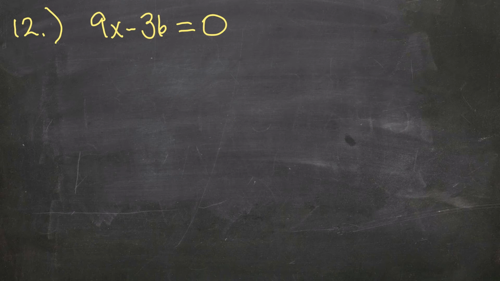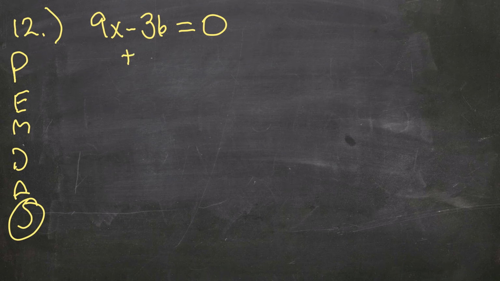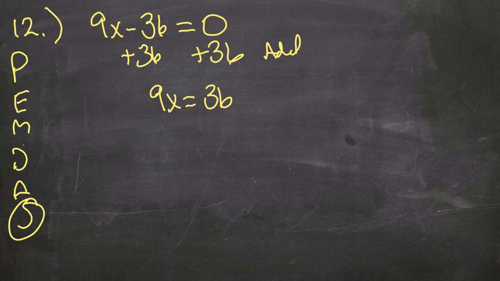Alright, 12. We have 9x minus 36 equals 0. Everything's exactly the same. We have PEMDAS. Look, I have subtraction. That's why I add 36 to both sides to start. I get 9x equals 36 because of our addition property of equality. No more subtraction. There is no addition. There's no division. Oh, I have multiplication.